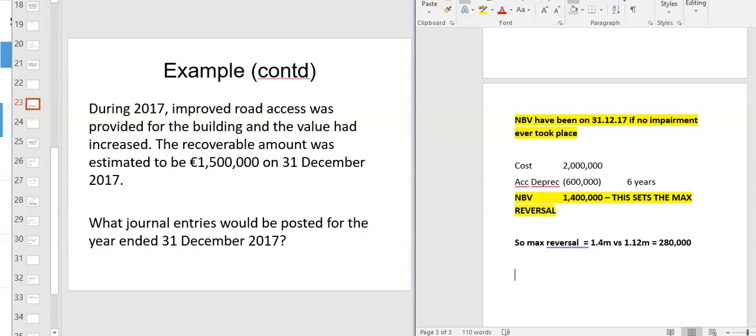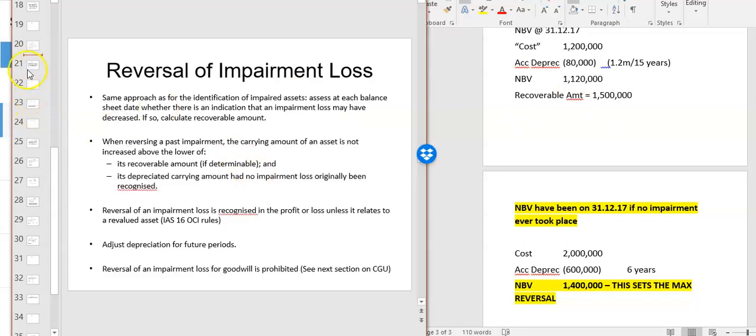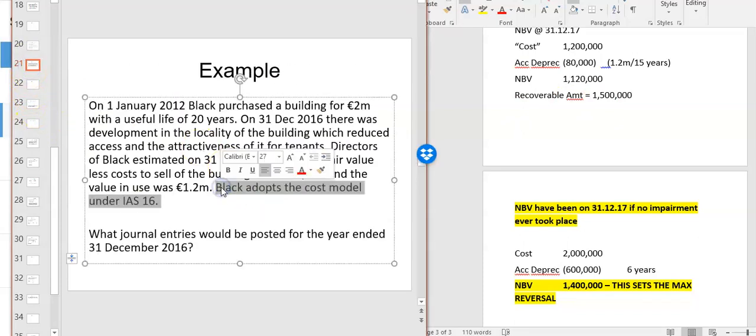That other 100,000, going from 1.4 to 1.5 million, is bringing it above its true cost and its true carrying value. And that's not allowed under IAS 36. That would only be allowed if the asset was held under the revaluation model in IAS 16. And we're told in this question it's not. We're told it's held, if you see here, under the cost model.